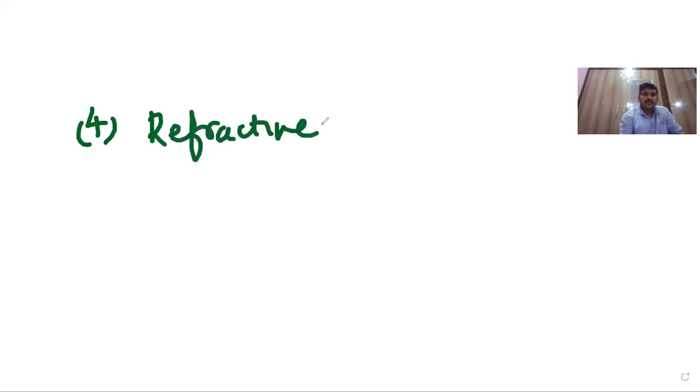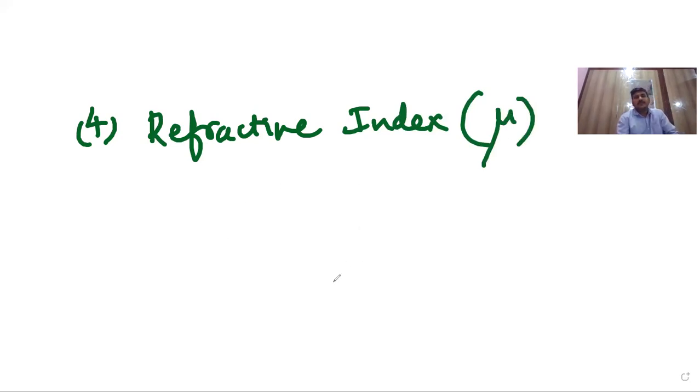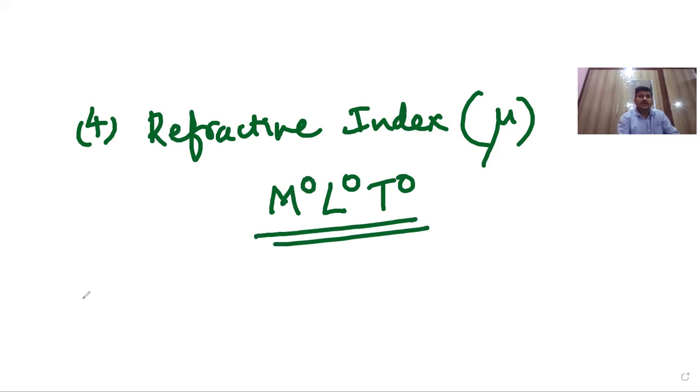The fourth one is refractive index. Again, it is defined as mu. It is a ratio. So ratios again have the dimension formula M to the power of 0, L to the power of 0, T to the power of 0. Okay.